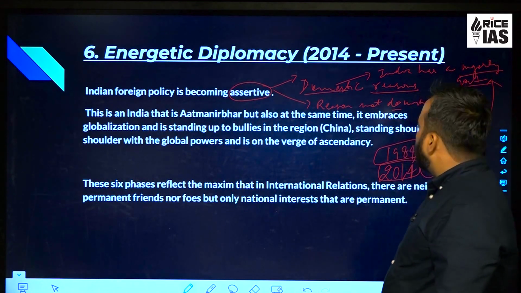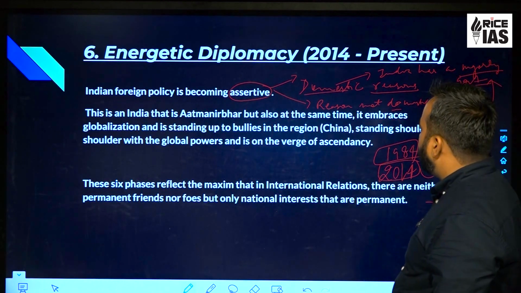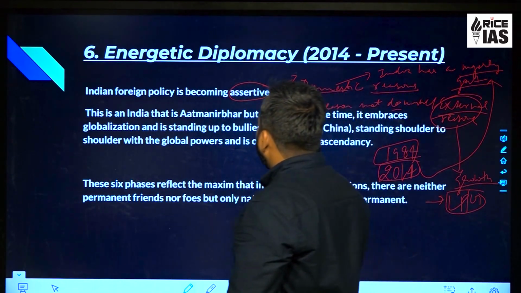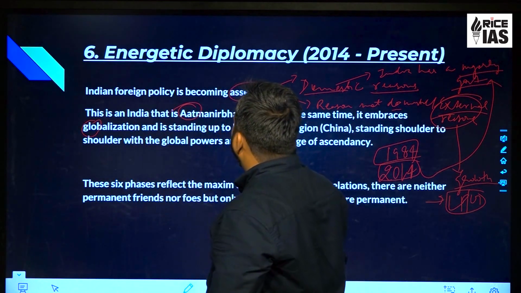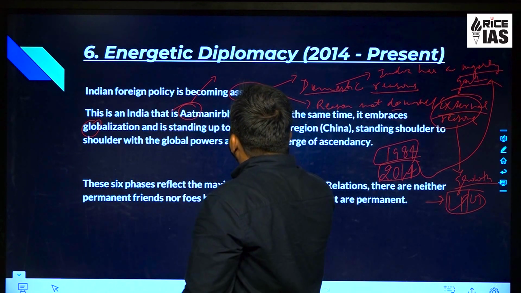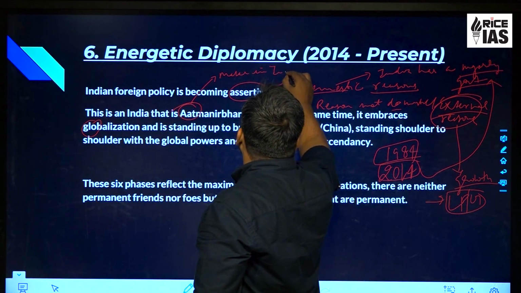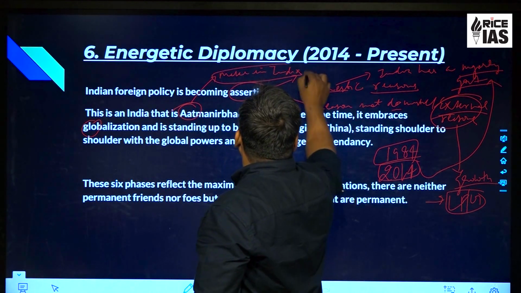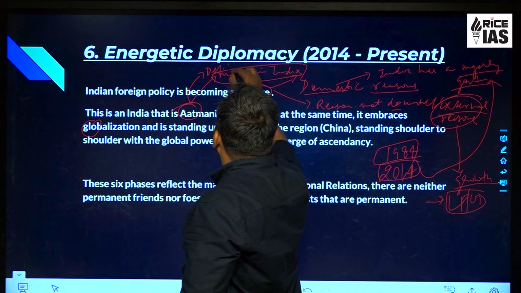So India's presence at external forums has been important. So Atmanirbhar and globalization go hand in hand. An example of this is Make in India. The defense hardware will be made in India.